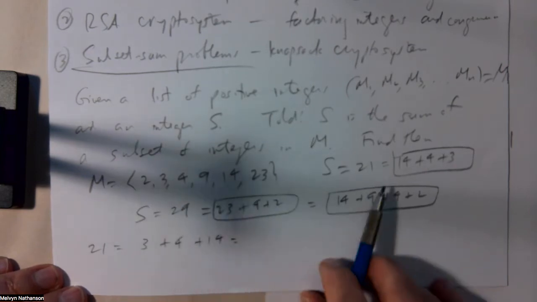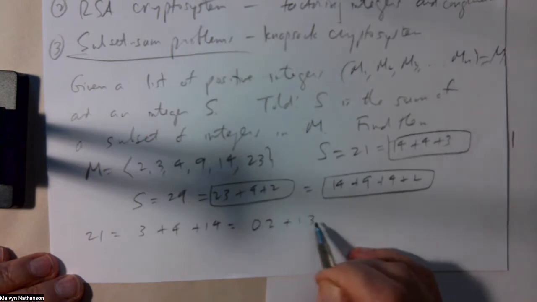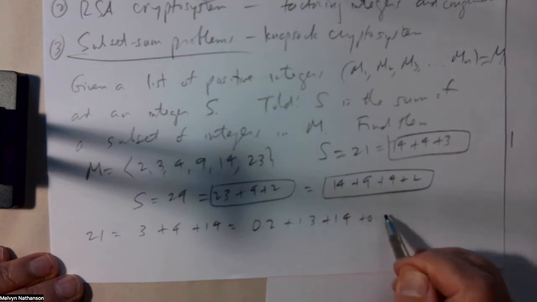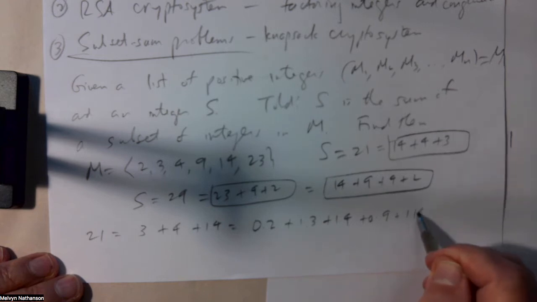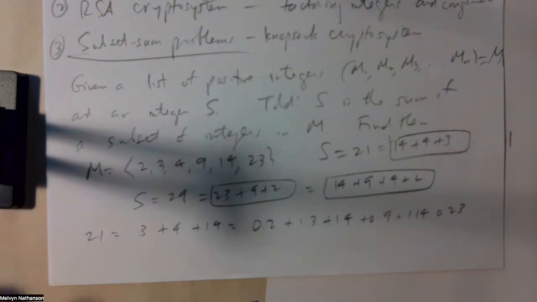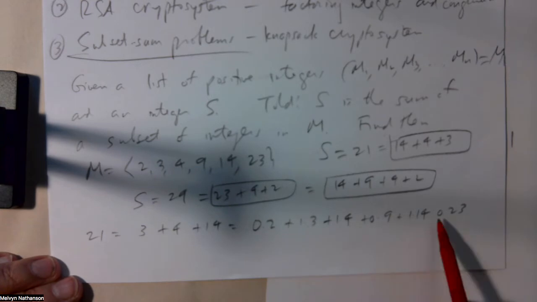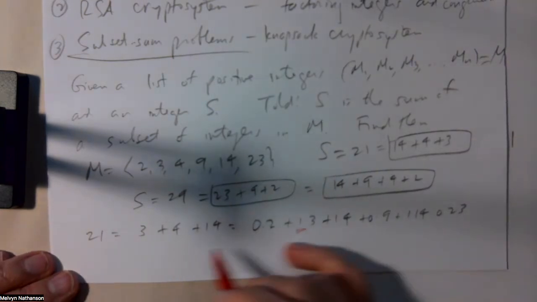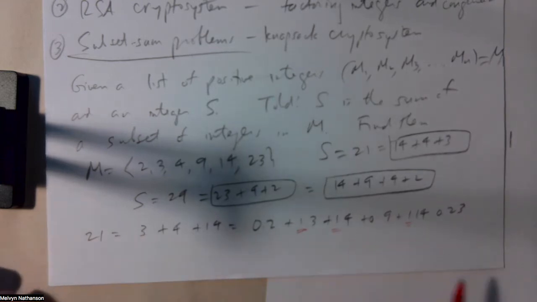If I look at all the numbers in this set, that's really 0 times 2, 1 times 3, 1 times 4, 0 times 9, 1 times 14, and 0 times 23. So it's like I'm adding up all of the numbers in this set, but each of them is multiplied by either 0 or 1, and if it's 1, then you're really adding it up. Otherwise, it's 0.